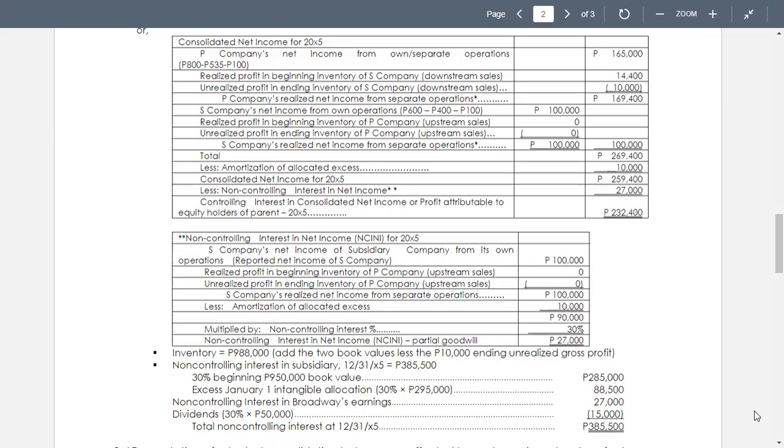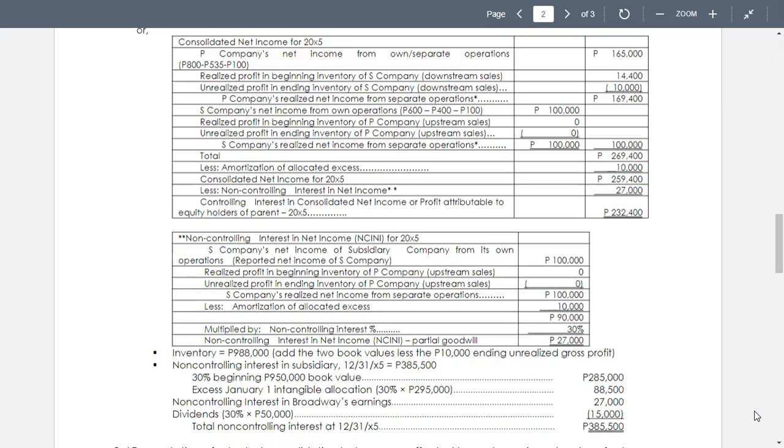Then another requirement here is the inventory. How much is the inventory? If you have the inventory of the two companies, adding 298,000 and 700,000, you get 998,000.